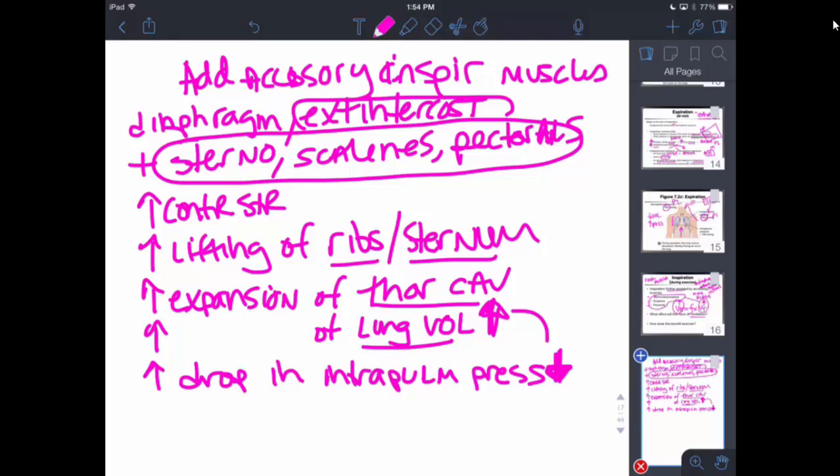We're talking about inspiration, so air moving into the lungs. So P1, P2, because it goes from high to low. If we get a bigger drop in intrapulmonary pressure, that means P2 is dropping. That means P1 minus P2 is rising, a bigger gradient.